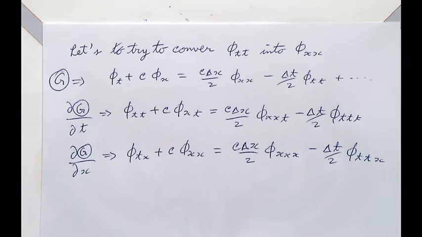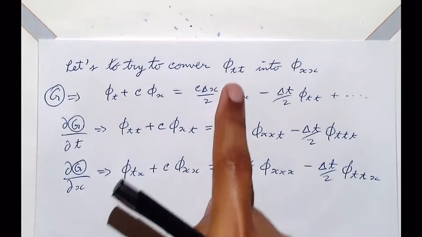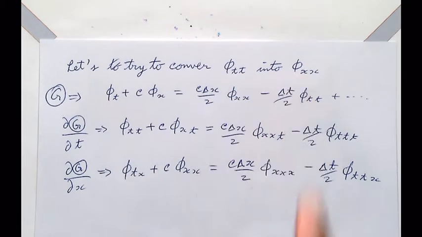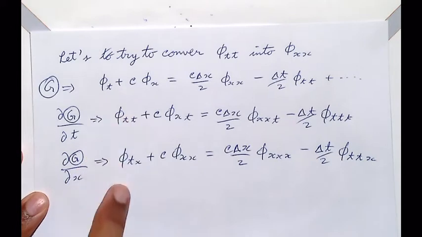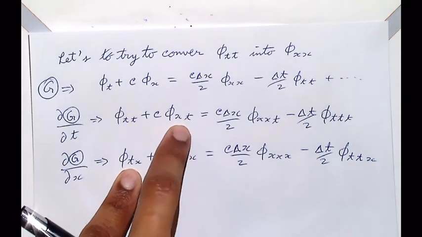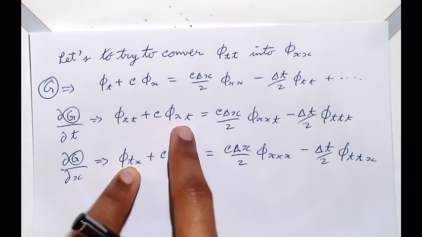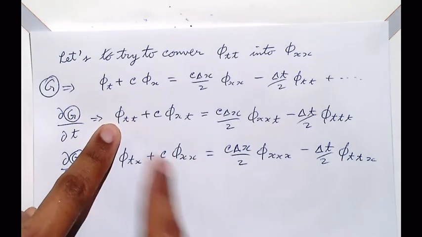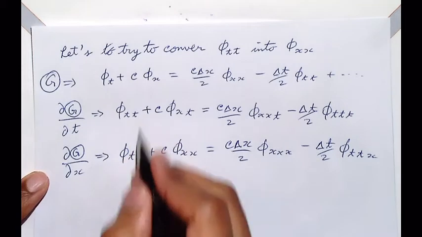Okay, so how can I start relating my, what am I trying to do? I'm trying to convert my phi dt into phi xx, okay? So let's see, if I get rid of the xt and xt from here, I will basically recover a relation between tt and xx. So let me see, what should I do?